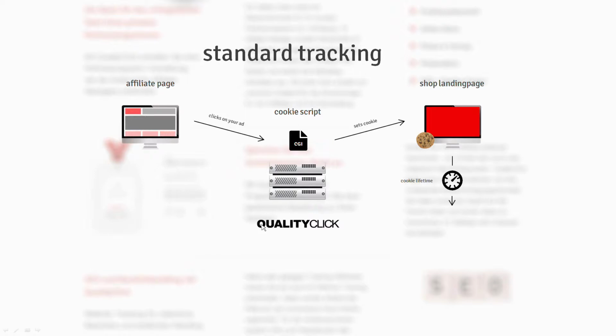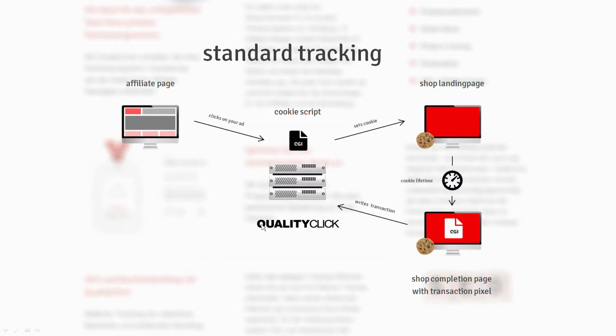After some time, the customer comes back, goes to your shop, buys something, and on the shop completion page, when the transaction is finished, there's another CGI script, get trans CGI, and this second script will write a transaction in QualityClick.